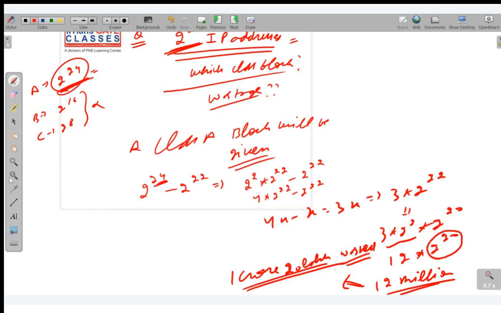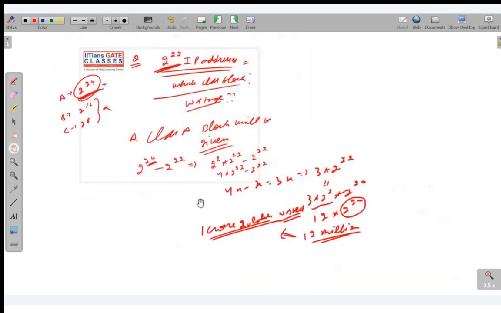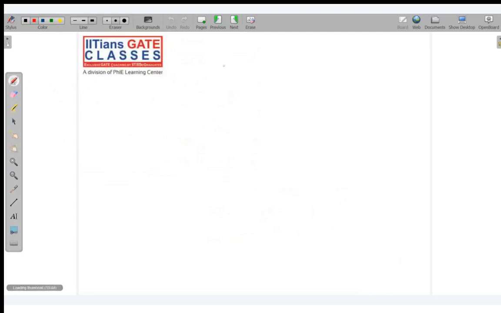So what is the solution for this? Let me jump to the next slide. Take a real life example. You are commuting daily from your city to a big city for work, traveling 100 kilometers.